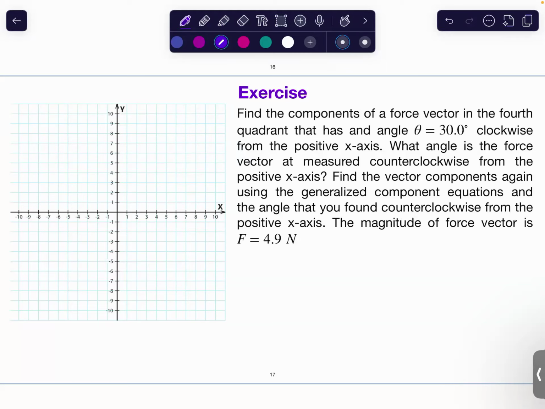So if it's at 30 degrees clockwise from the positive x-axis, which part of the angle is going the other direction?